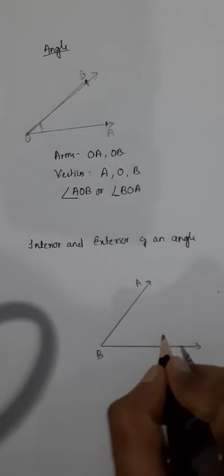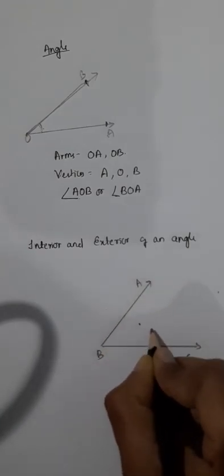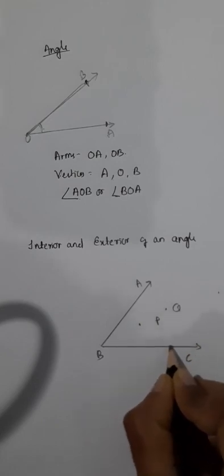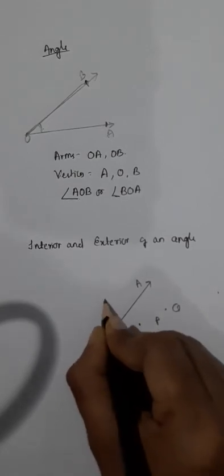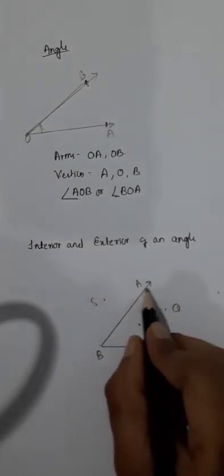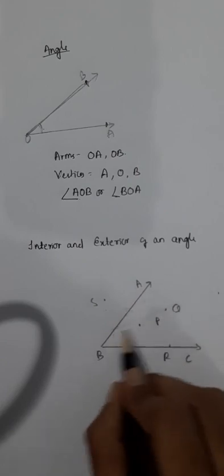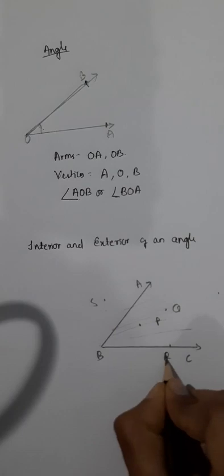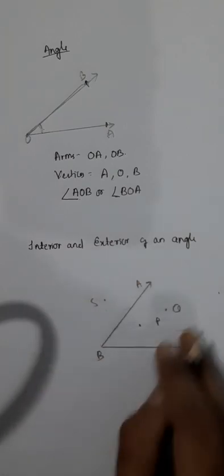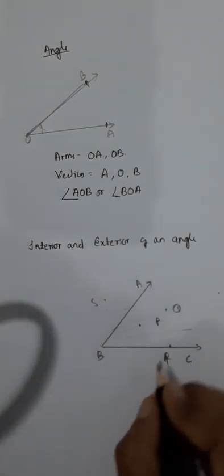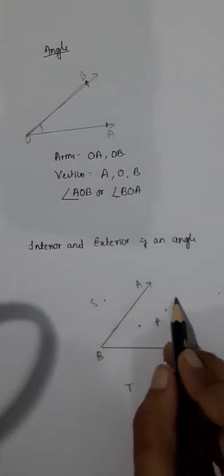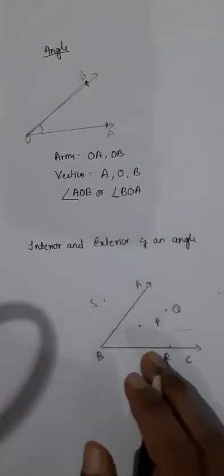So the points inside this angle, what all points come inside the angle? P, Q, R and S. So the points which cover the interior portion are called interior points, and the points outside this angle are exterior points. S and T are on the exterior. P and Q are in the interior of an angle.